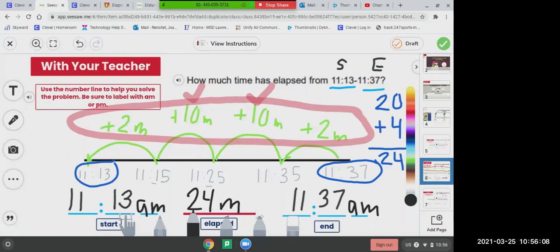Your next job is going to be watching the example on slide number 7. I'm going to give you some time to click play on slide number 7, watch your example, and then we'll go into breakout rooms to practice using the number line as a strategy for solving elapsed times problems.